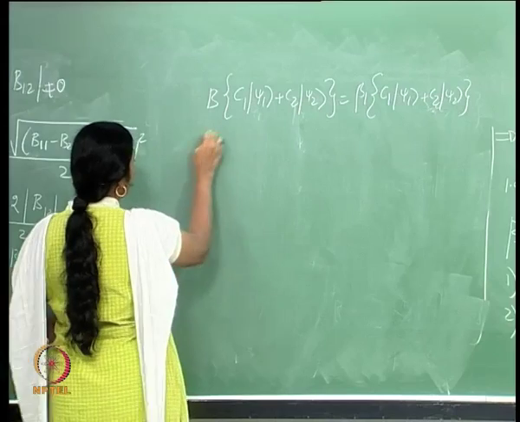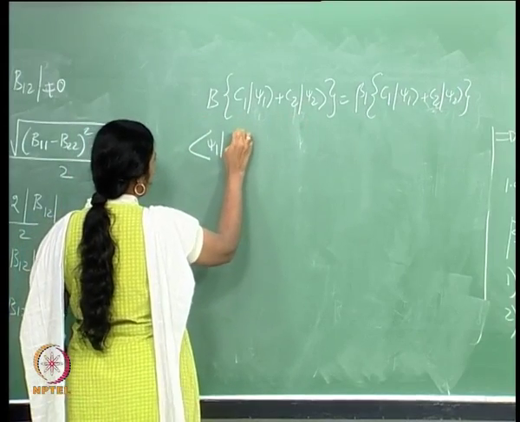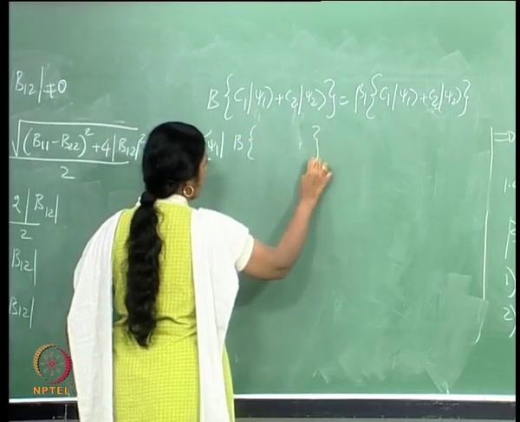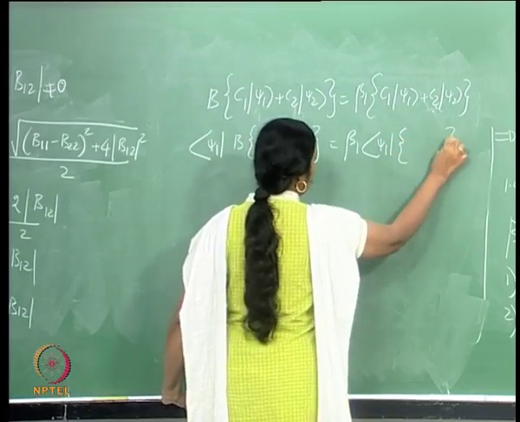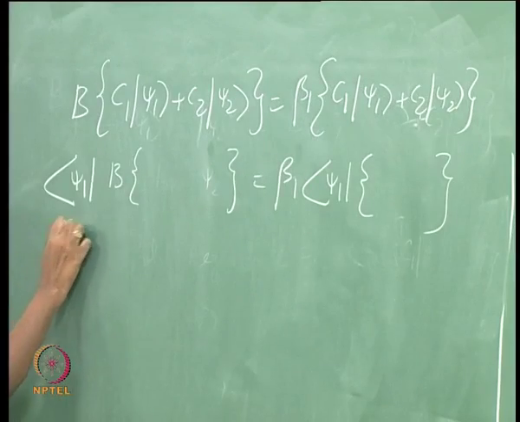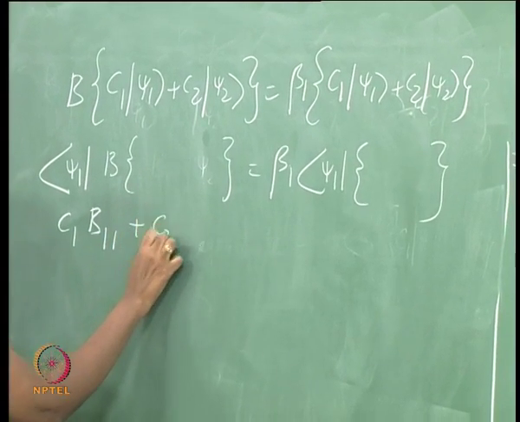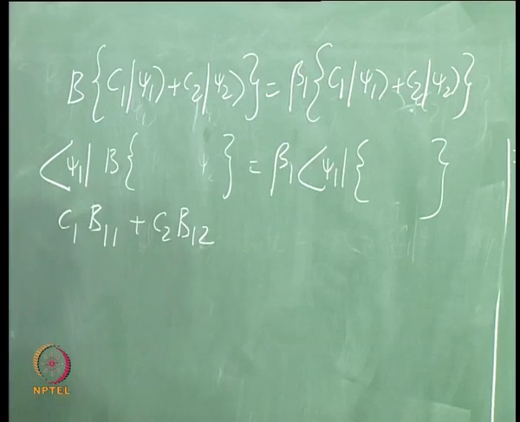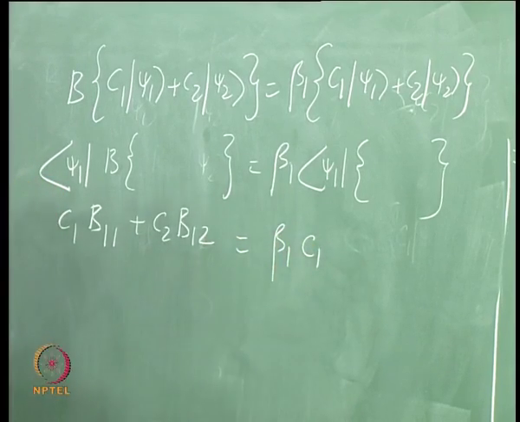If I work with the inner product of psi 1 with this object, the first term is C1 B11 plus C2 B12 is equal to beta 1 C1.